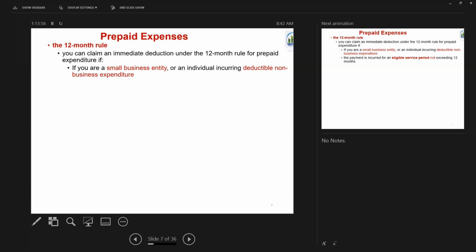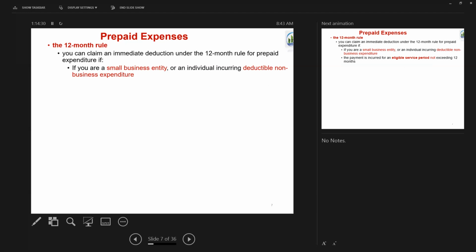Today we talked about the rental schedule, where we have a number of expenses: advertising, council rates, interest and everything. That's also non-business expenditure. Why? As I said, an investment property is not carrying on a business. Therefore, that's non-business expenditure. So everybody understands the difference between business expenditure and non-business expenditure. Now we will move on.